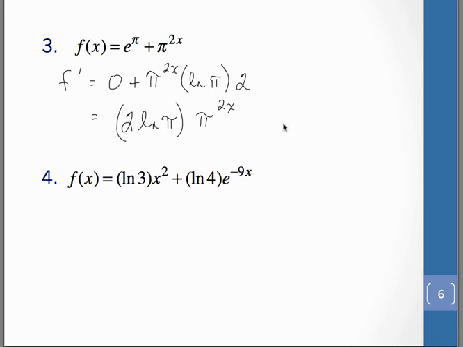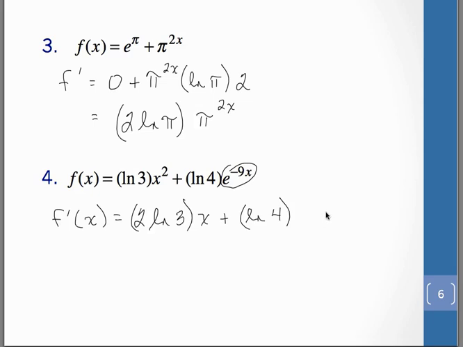Now in the next one, you do need to remember again, natural log of 3 and natural log of 4 are both numerical values. So when we go to do the derivative of natural log of 3 times x squared, that's really just a power rule problem. So we'll have 2 natural log of 3 times x, plus we'll keep the natural log of 4 there for now, and now we're doing the derivative of that, so that's that e to the u rule.